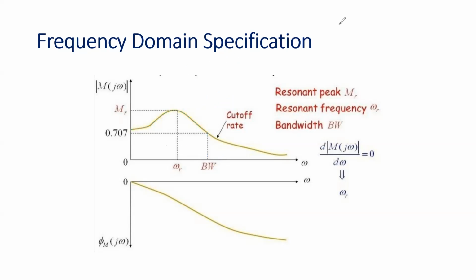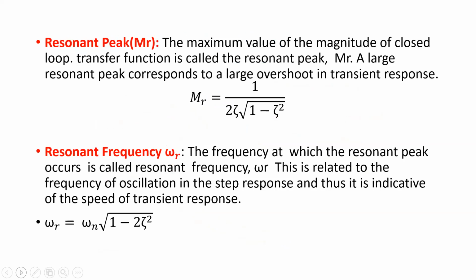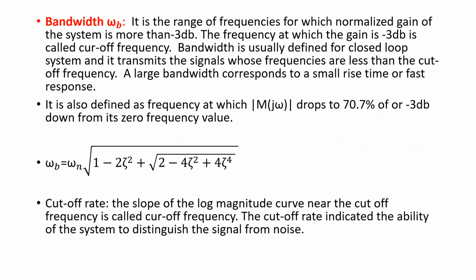You can see here, the frequency at which the resonant peak occurs is called the resonant frequency. Bandwidth is defined as the frequency at which this magnitude or the output drops to 70% or 70.7% of, or minus 3 dB down from, its zero frequency value.